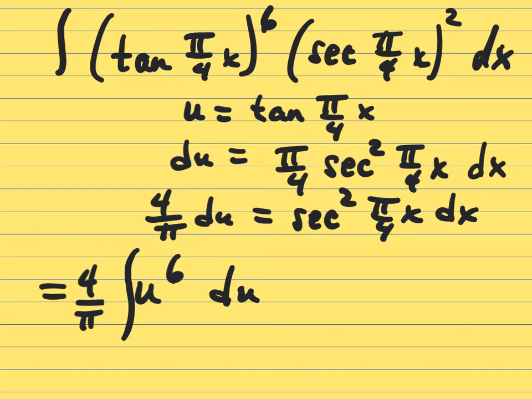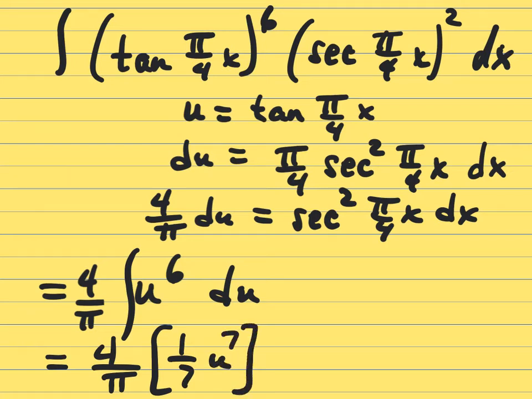There we go. The antiderivative of u to the 6th is 1/7 u to the 7th, plus c. And then once we trade our u back out for tangent of pi over 4 x, I'm going to go to the next slide.